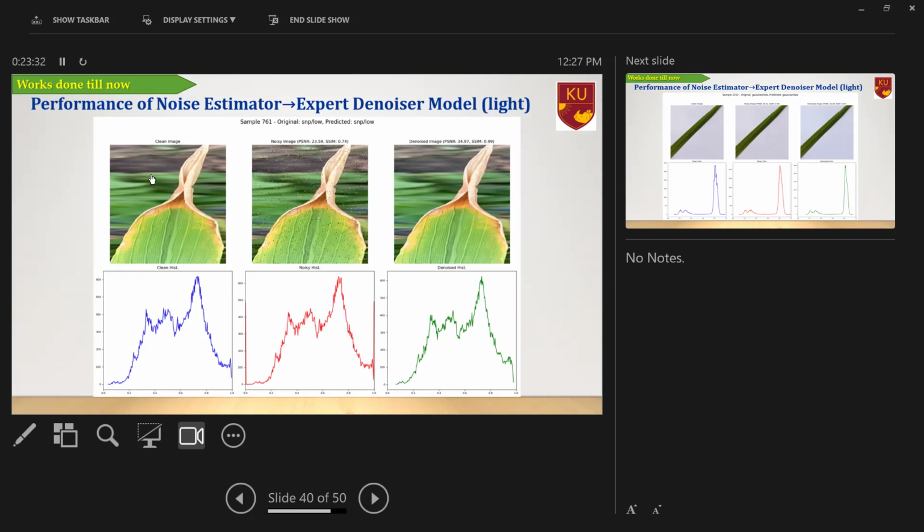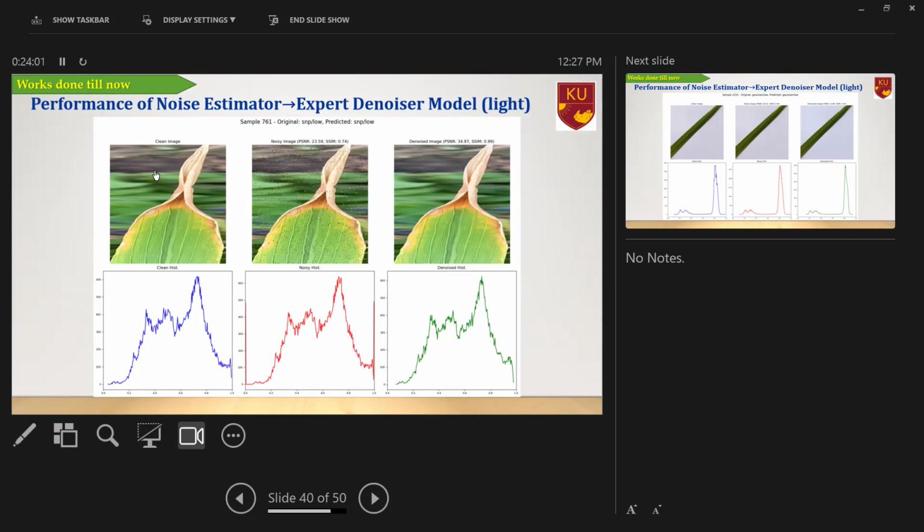So here you can see in case of this sample, the PSNR in case of the noisy image is 23.59 and SSIM is 0.74, and for the denoised image we have 34.97 PSNR and SSIM is 0.99. I have also mentioned the salt and pepper noise. Originally it has salt and pepper noise of low type.